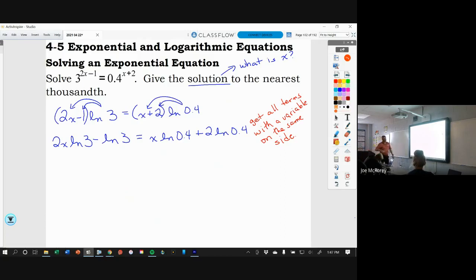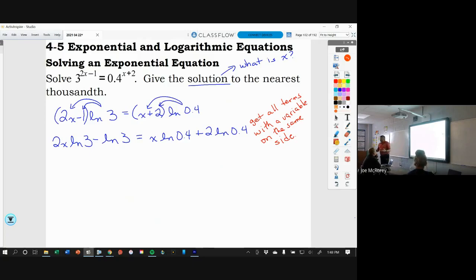Can you cancel out the natural log of 3 on the left side, because I know PEMDAS, it's 2x minus 1? No, because this natural log of 3 is being multiplied by 2x, so we have to multiply before we subtract. So I need to get all of the terms that have an x on the same side.